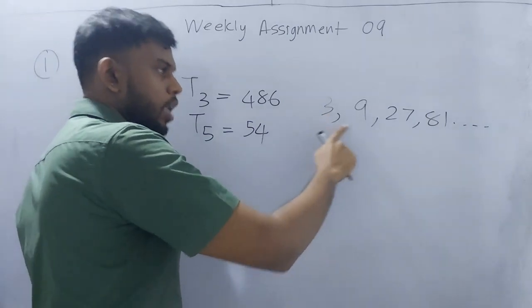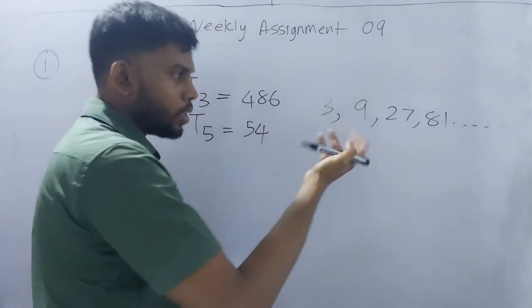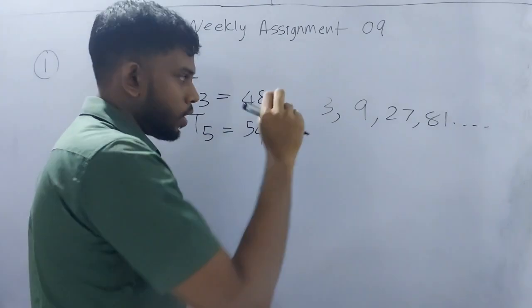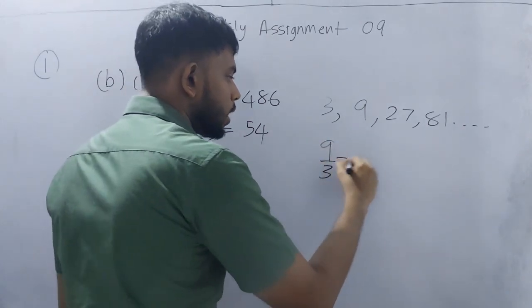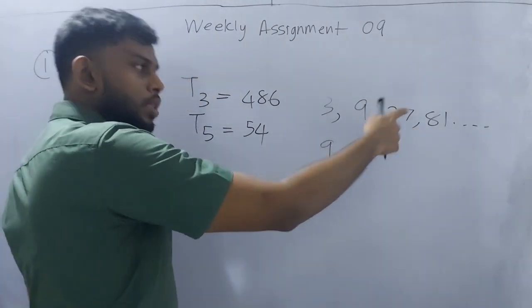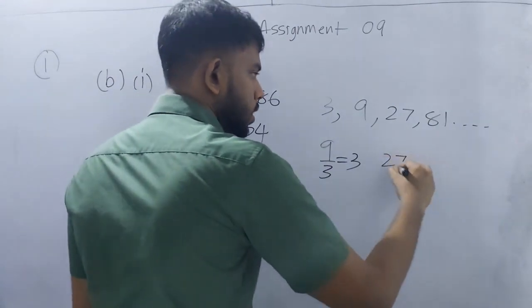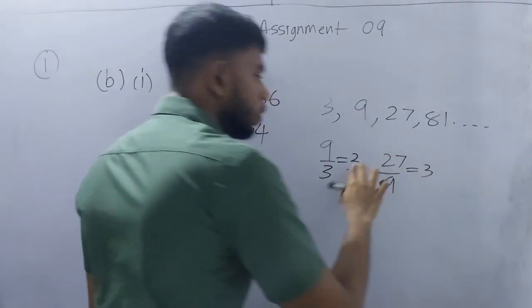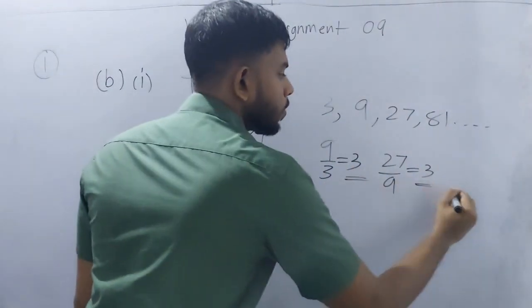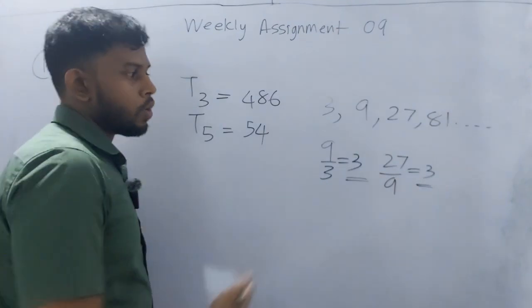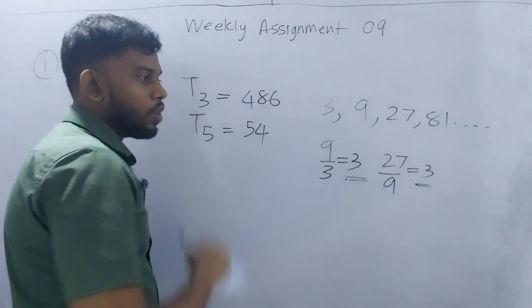If you take any two consecutive terms and find the ratio, if you divide the second term by the first term, that is 9 divided by 3, you will get 3. If you divide the third term by the previous term, which is 9, you will get 3. So when you divide each term by the previous term, you get the same value. That is what we call the common ratio. So here the common ratio is equal to 3.